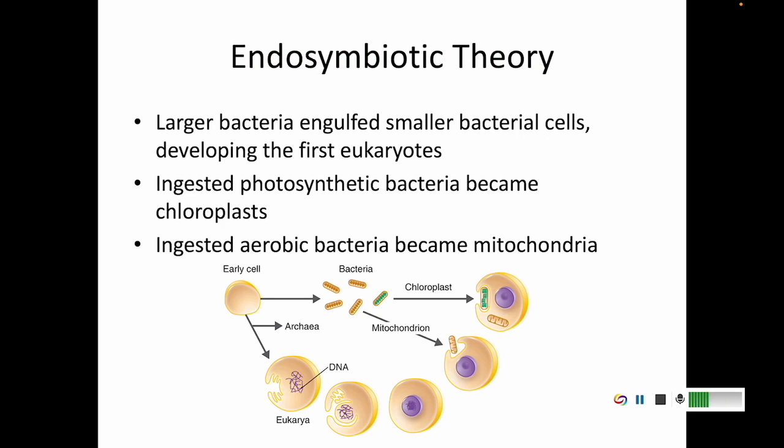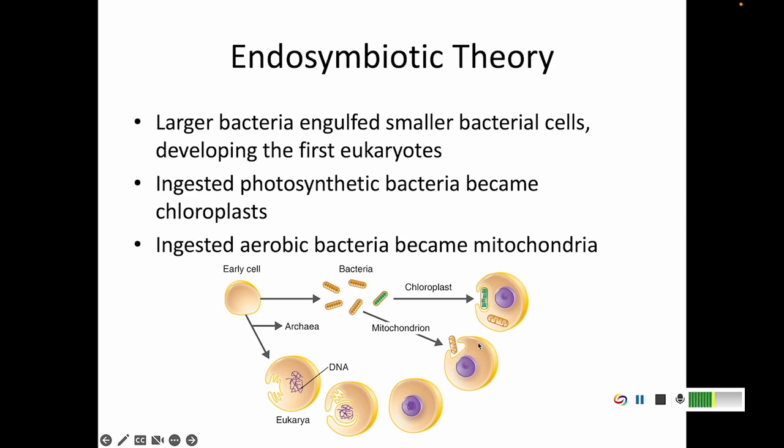As we started having eukaryotic cells, a lot of eukaryotic cells got energy by eating other smaller bacterial cells. But at one point, we had a eukaryotic cell that ate another cell, but it didn't actually eat it. It kept that cell inside and developed a little symbiotic relationship with it. Eventually, that little cell became a mitochondria.